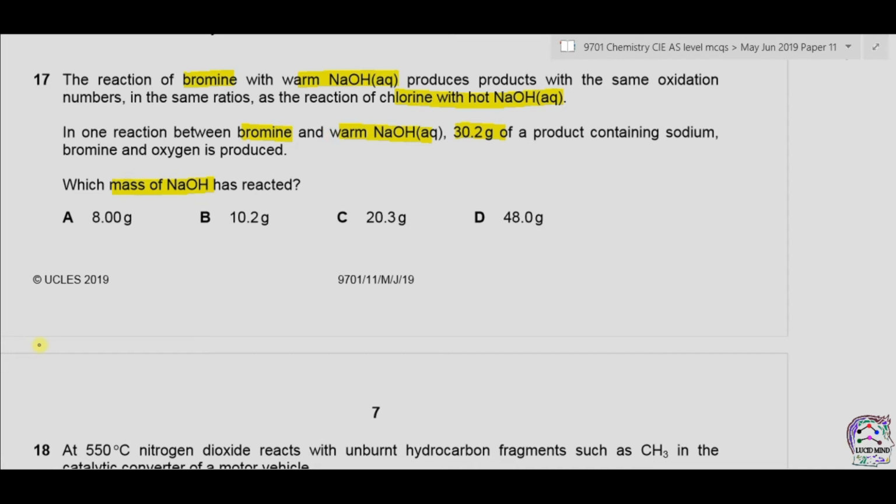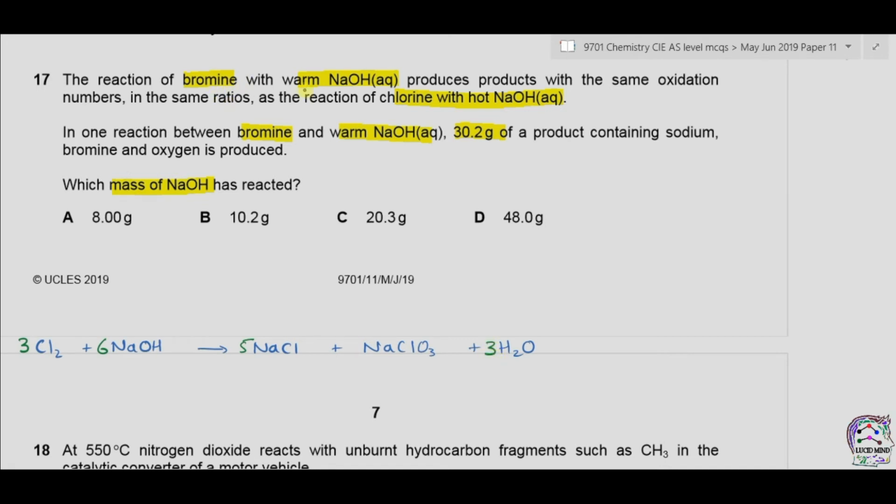As in hot alkali, chlorine reacts with sodium hydroxide to form sodium chloride, sodium chlorate, and water. The molar ratios in the balanced equation were 3, 6, 5, 1 and 3.